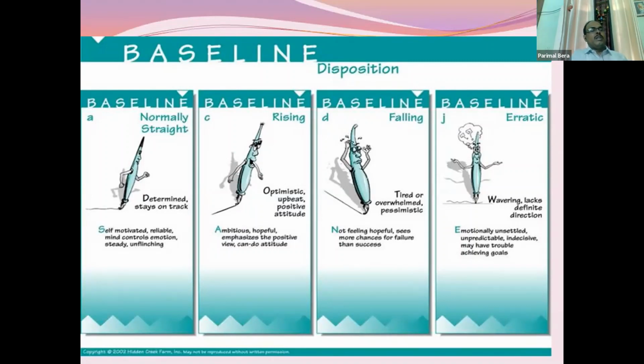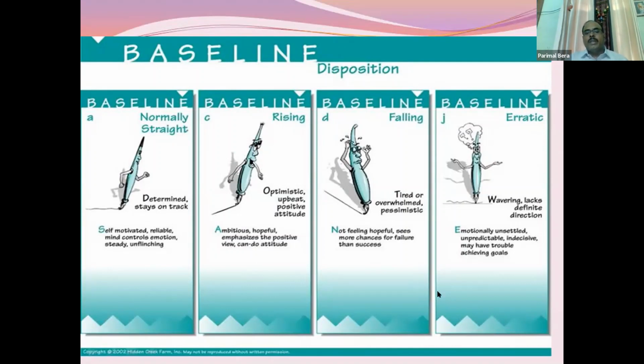It is above the baseline, and it is an upwards movement. We may notice the upwards movement in the writing pattern. So from there we may understand the ambitiousness, hopefulness, and even the optimism, positive attitude, or the attitude towards the work, that can be understood from the rising baseline.